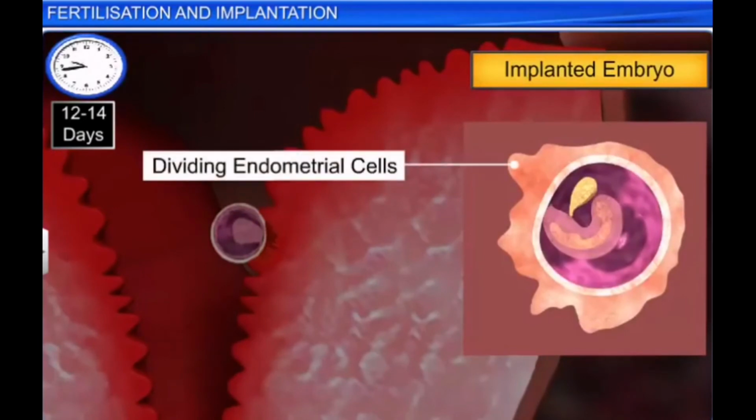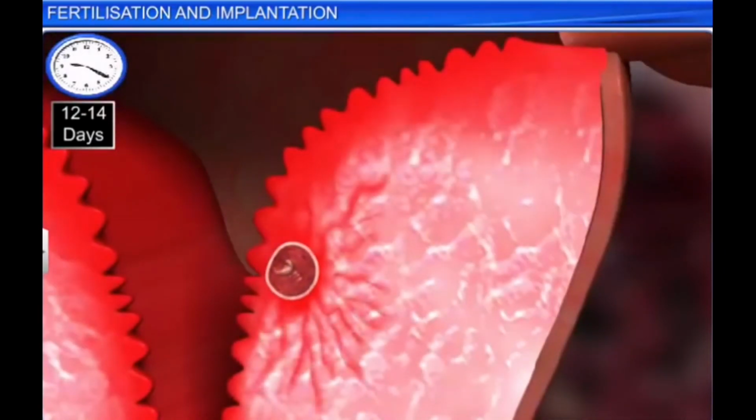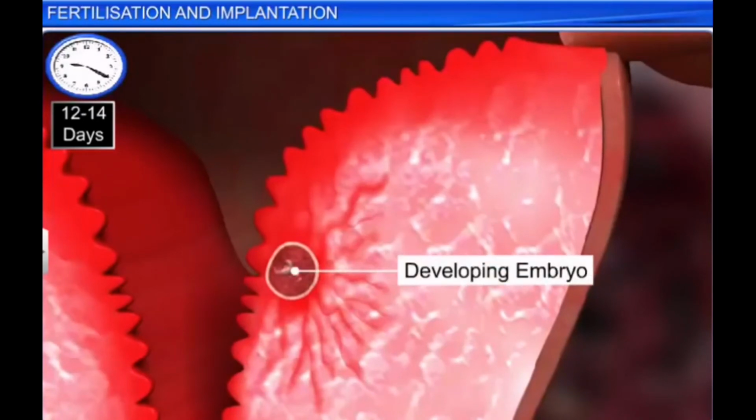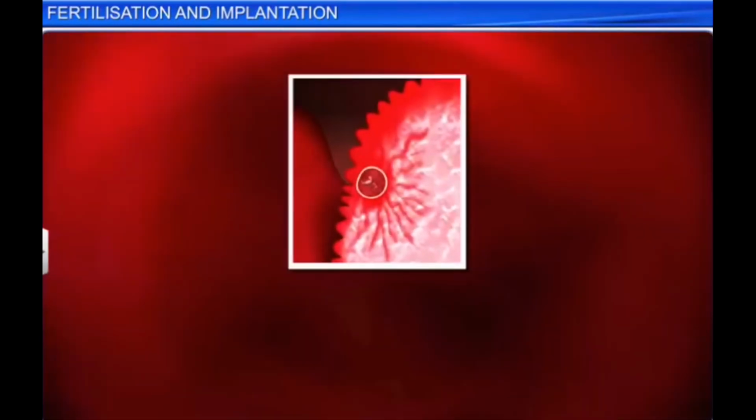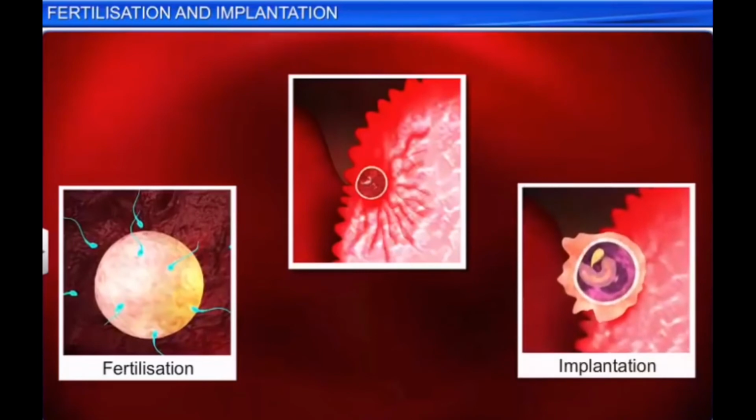This causes the blastocyst to sink and get implanted into the uterus. Once implantation has occurred, pregnancy gets initiated. Moreover, after implantation, inner cell mass cells get differentiated and begin to form the embryo. Embryo formation is thus a complex process that begins with fertilization and ends with implantation of the embryo.